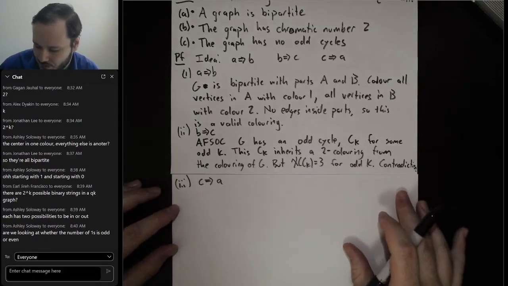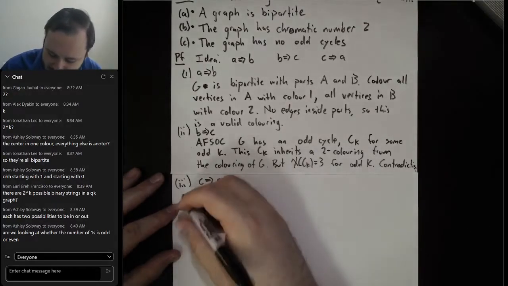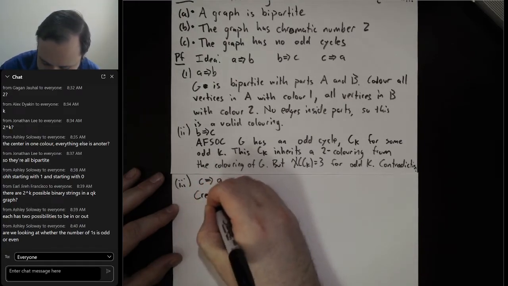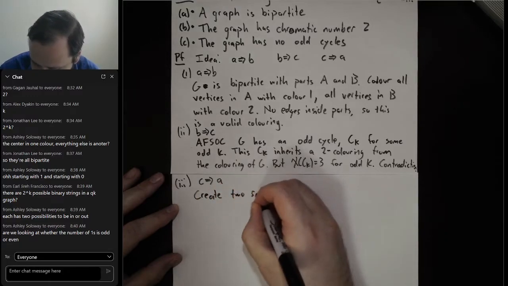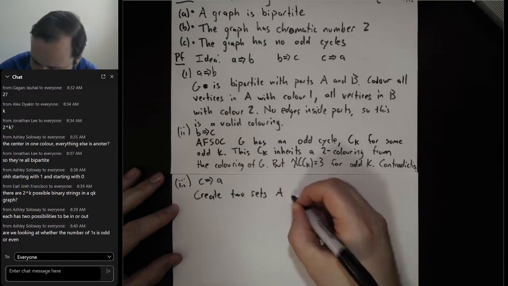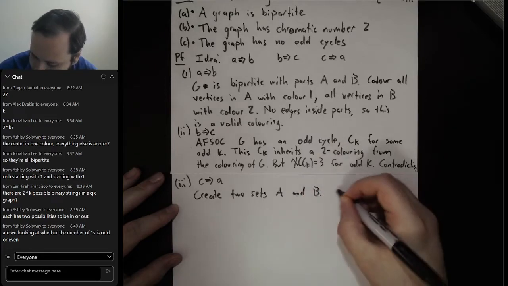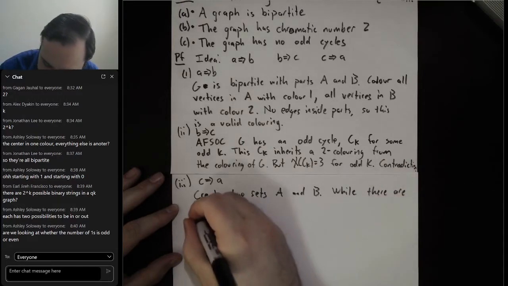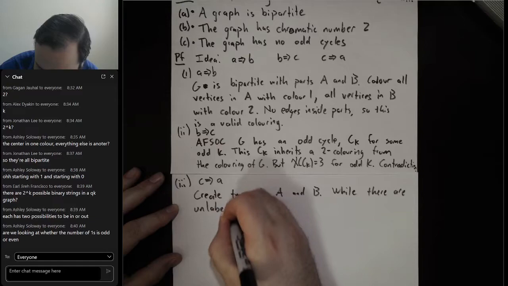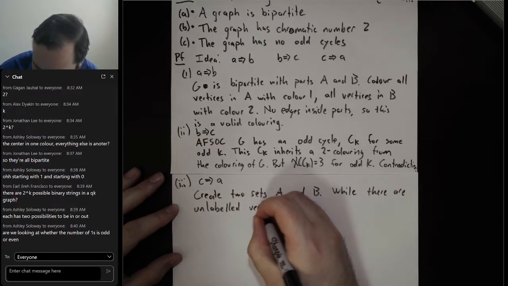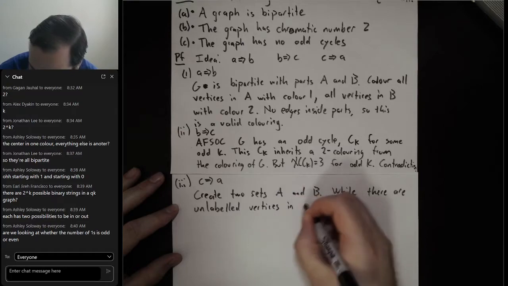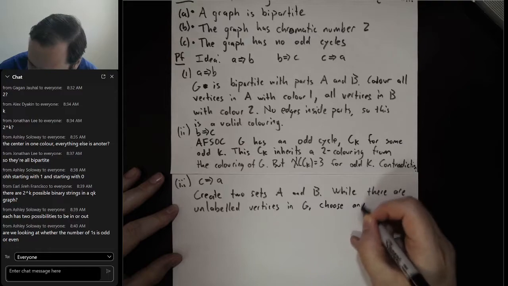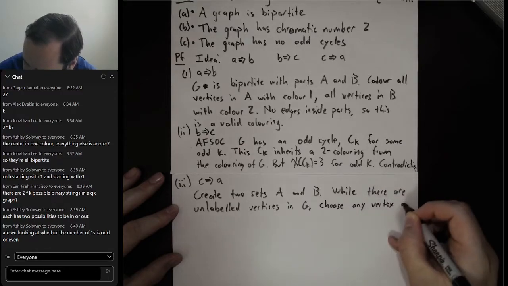So create 2 sets, A and B. While there are unlabeled vertices in G, choose any vertex and label it A.